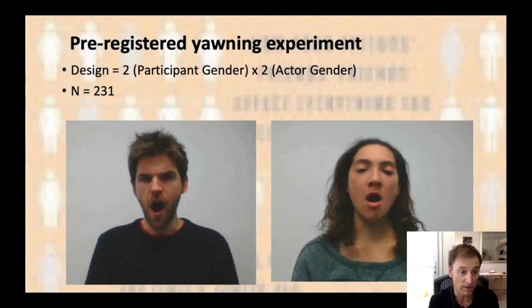And one of the simplest of behaviours that has been studied in this framework is yawning. So the supposed contagion of yawning is meant to be one of the most basic, primitive, precognitive responses.